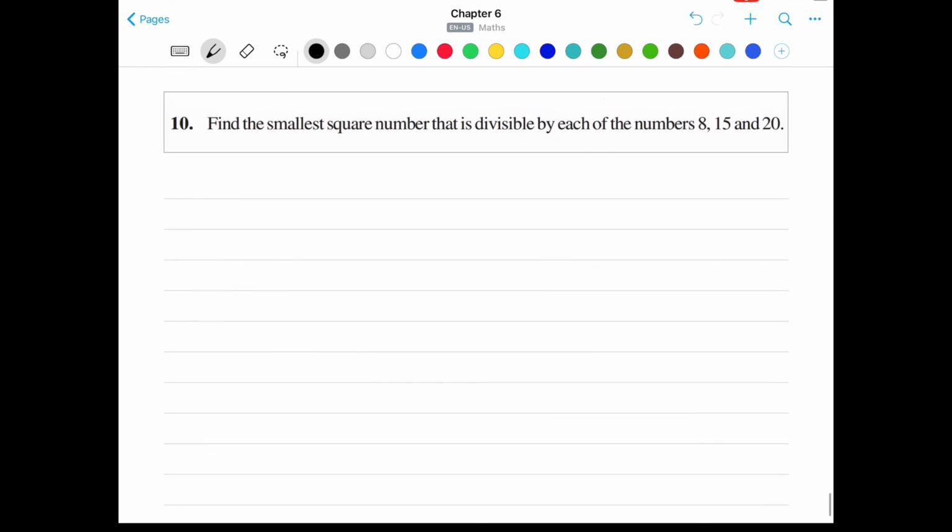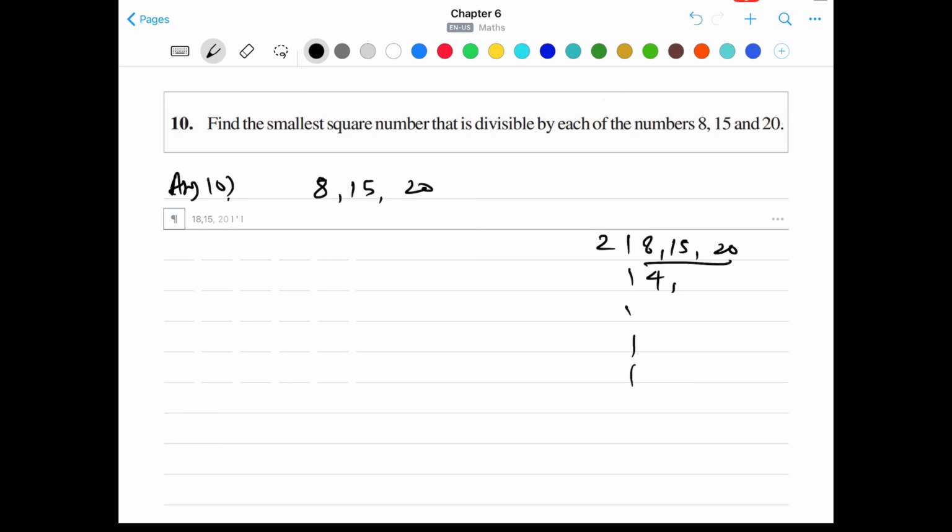Okay, now moving to the last question. Again, it's similar to the previous one. Let's write the answer for number 10, which is the last question. We have the numbers 8, 15 and 20. So first we'll find the LCM of these numbers, that is 8, 15 and 20. First dividing by 2 we get 4, 15 as it is, and 10 here.